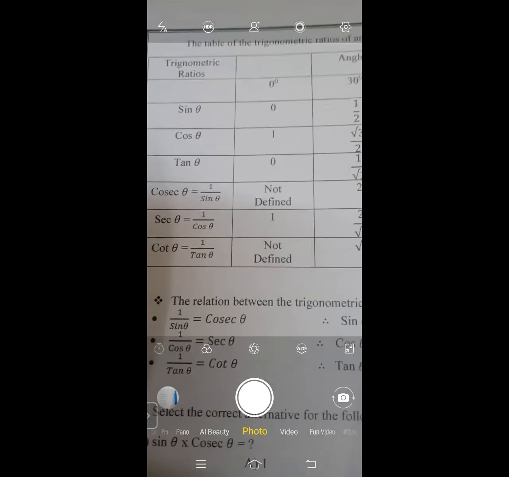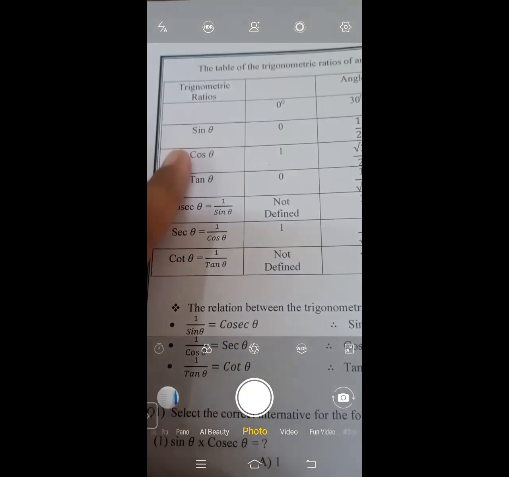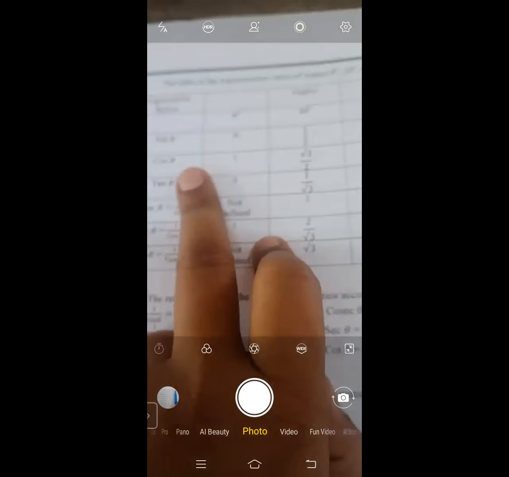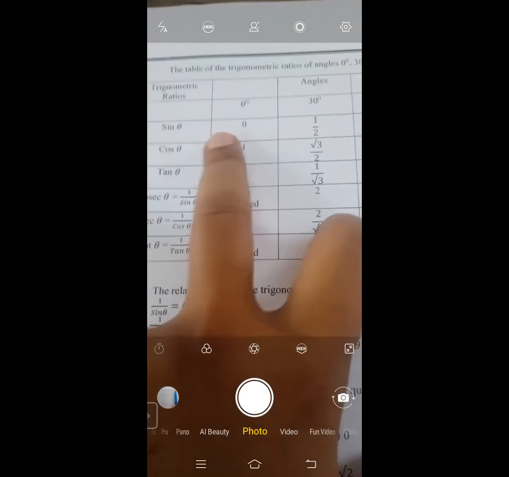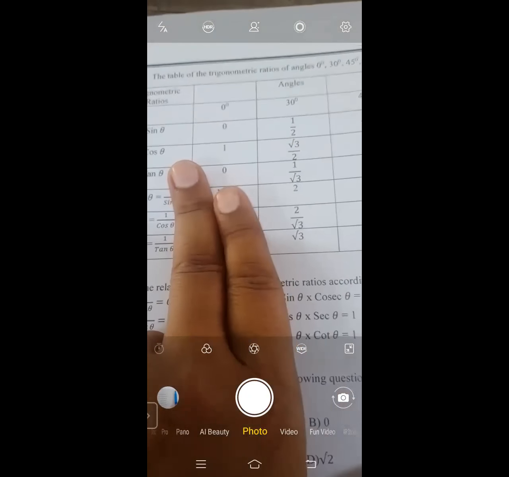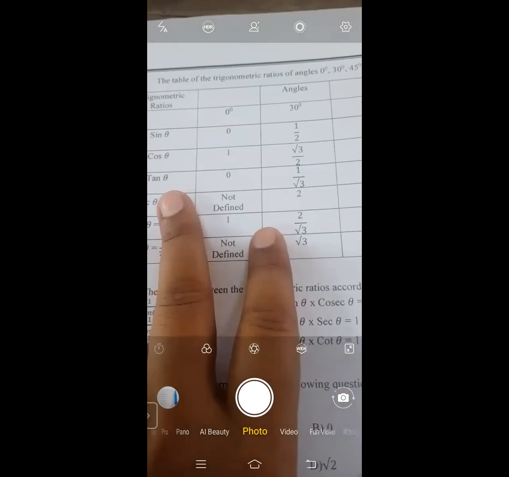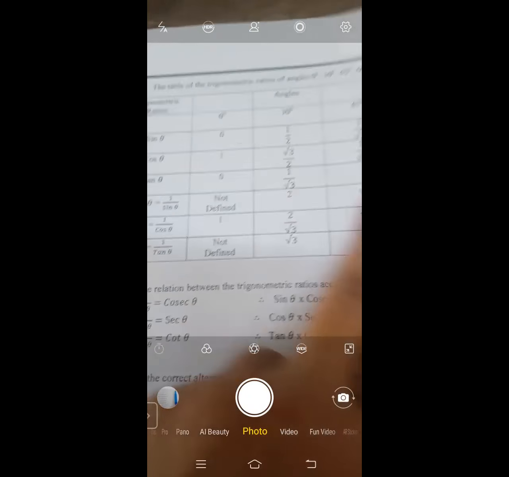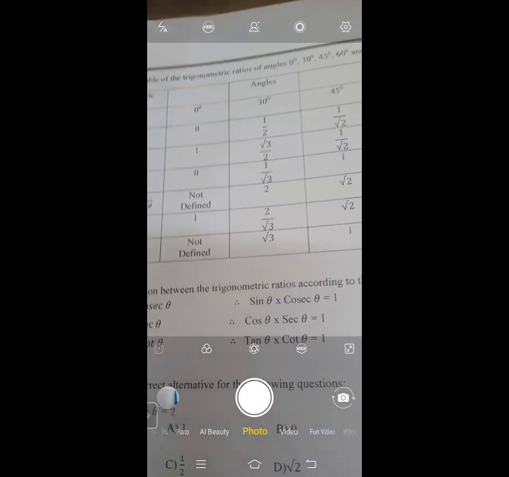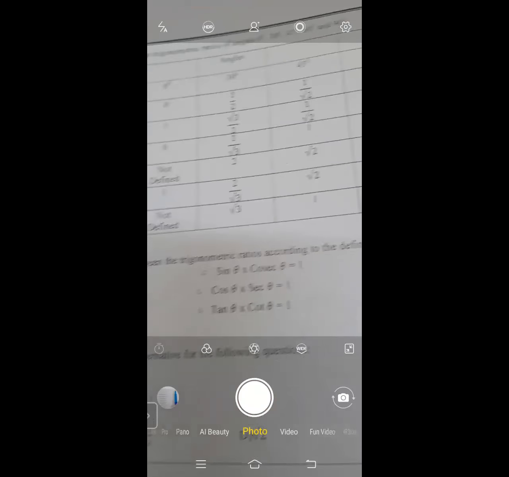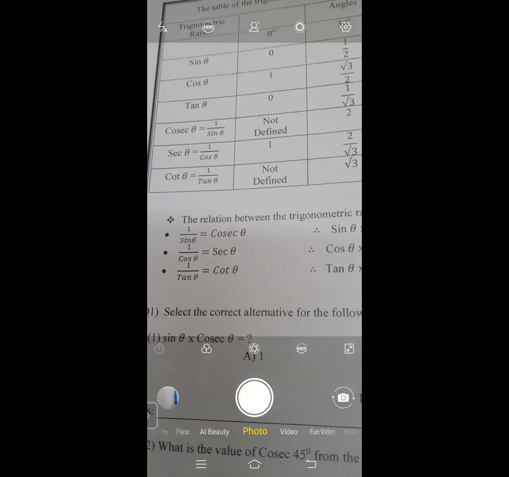In the second writing, in your second practice, try to learn the sin theta values, and from sin theta you can derive the values for cos theta. After that, try to formulate tan theta. Go on checking the values each and every time so that your formula won't go wrong, so that your logic will be verified every time.